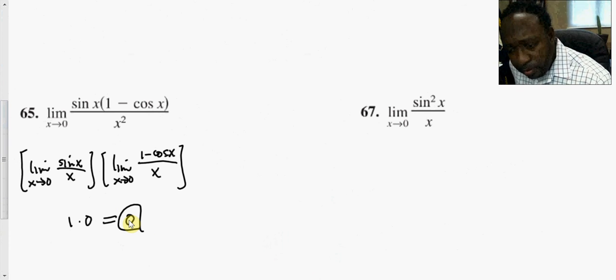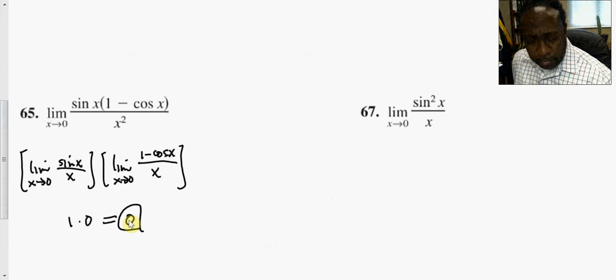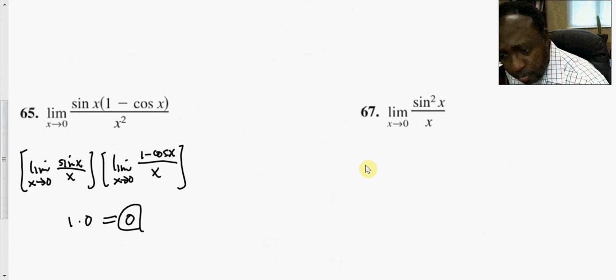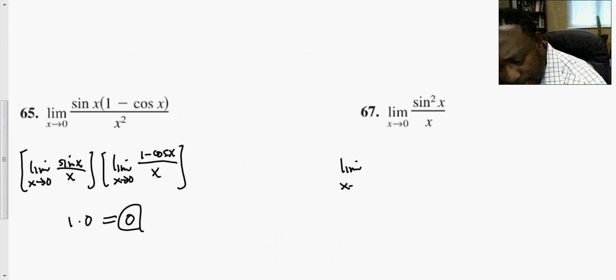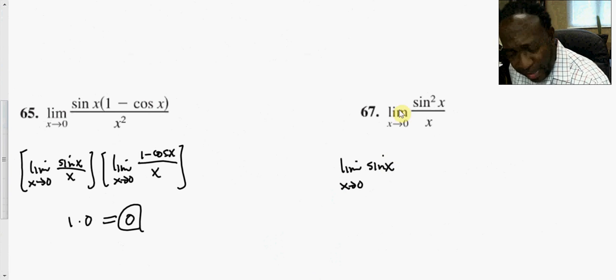What about this one? Well, notice you can write this as the limit as x approaches 0 of sine x. Again, the limit of the product is the same as the product of the limits.